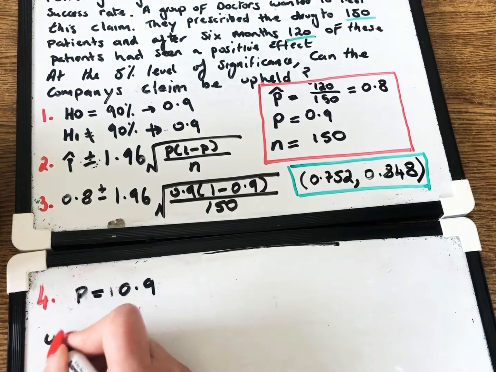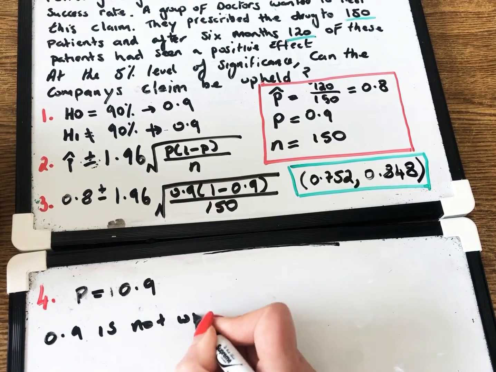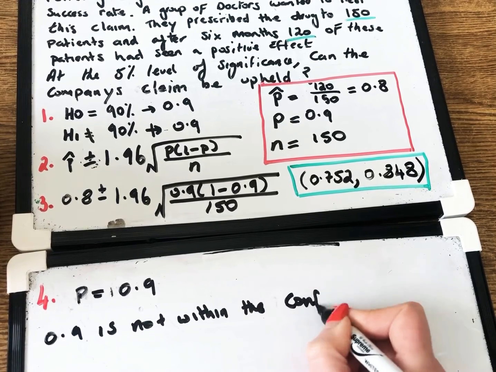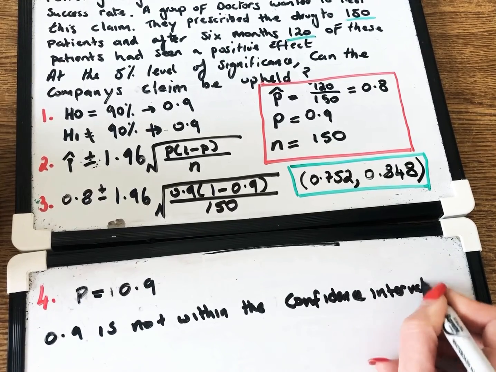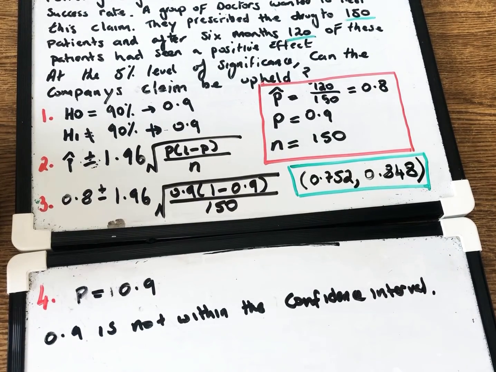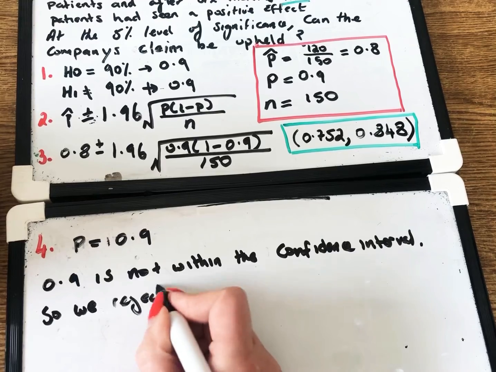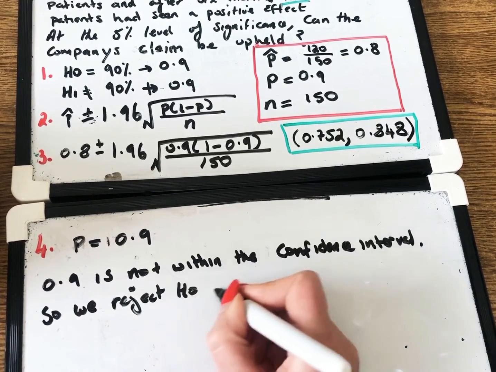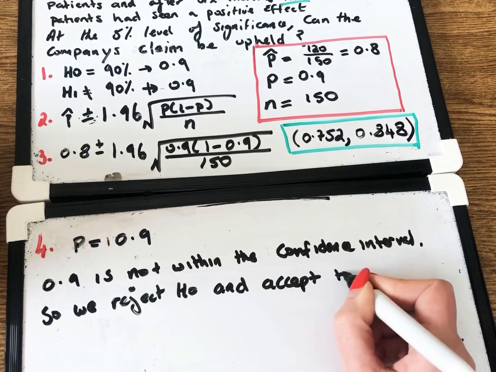So 0.9 is not within the confidence interval. That's the first sentence. So we reject H0 and accept H1.